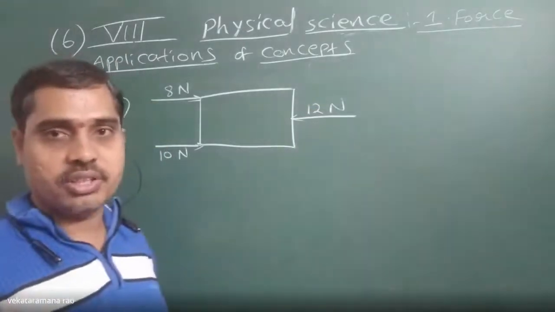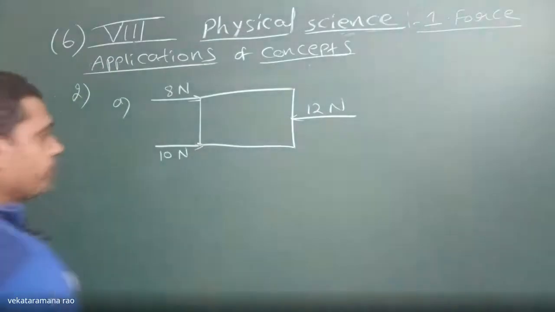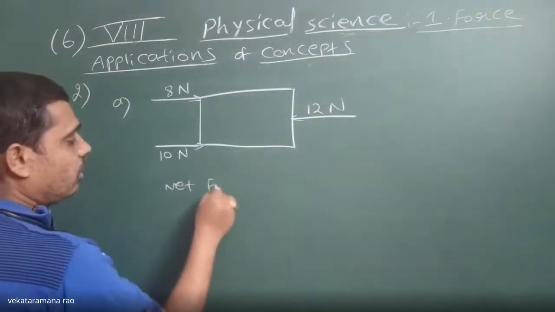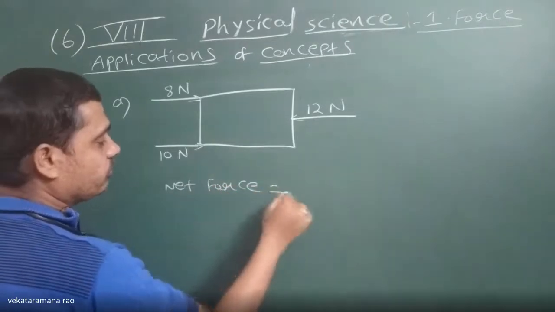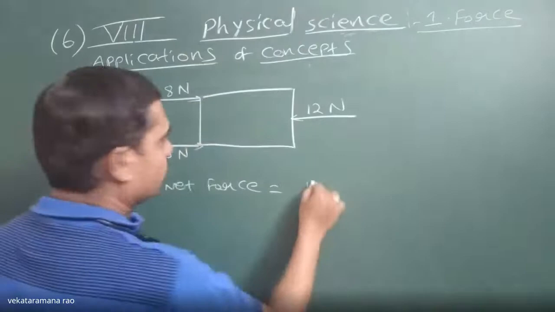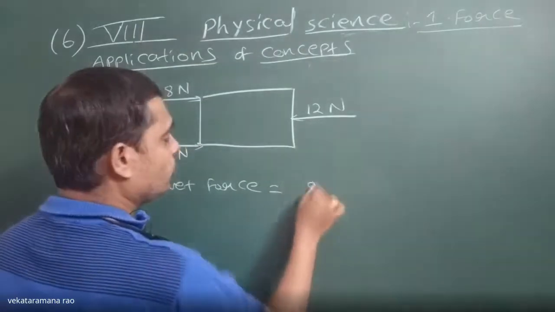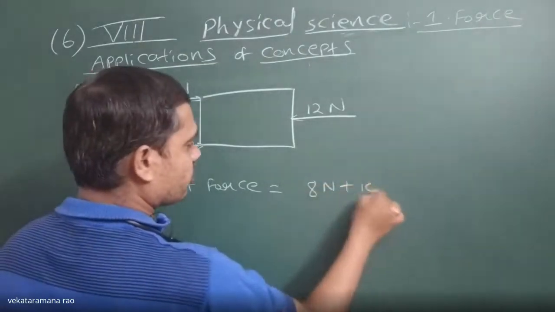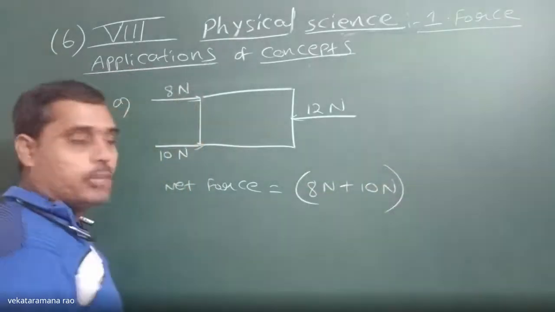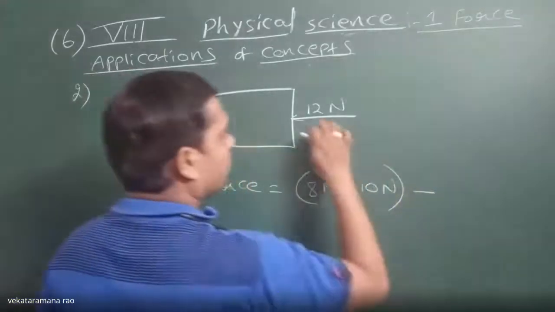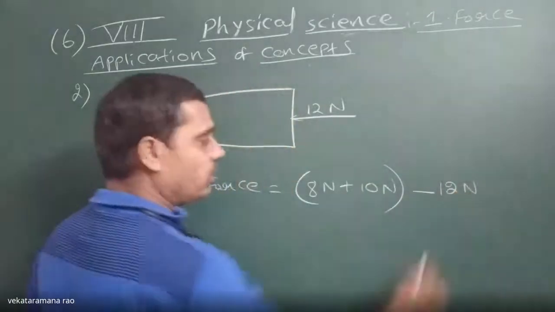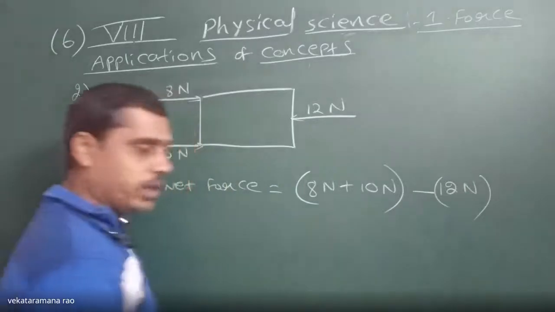Now, net force. As these two forces are applying in the same direction, the net force is equal to 8 newtons plus 10 newtons minus this opposite force, 12 newtons. Why?